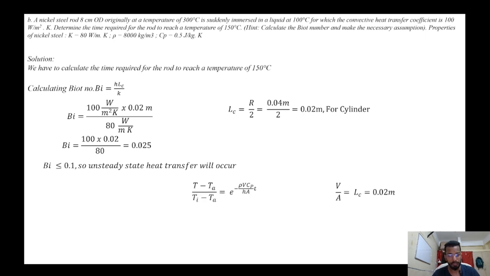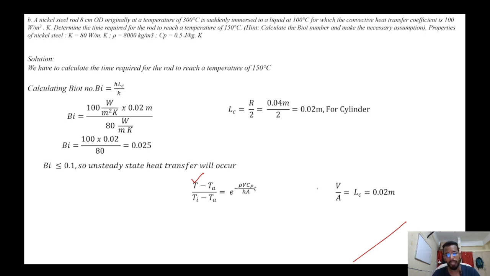T is the temperature at which we have to find the time, that is 150. TA is the atmospheric temperature in which we have put the object, and Ti is the initial temperature of the object. Rho V Cp upon hA into t. Rho is the density of the object.